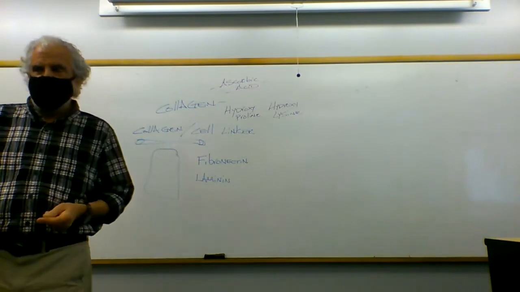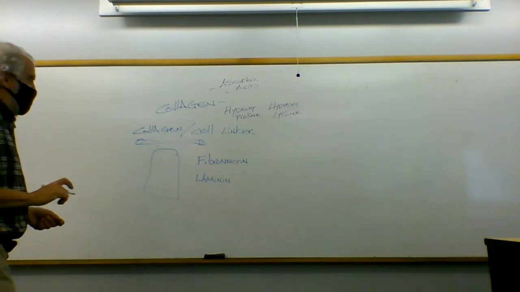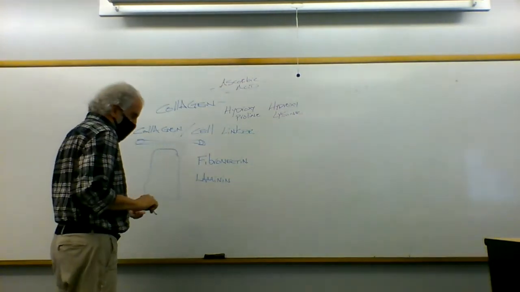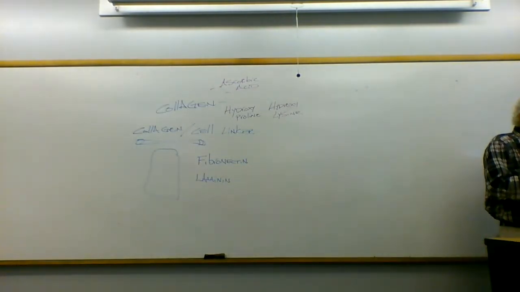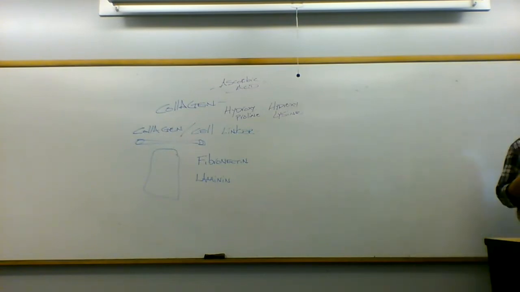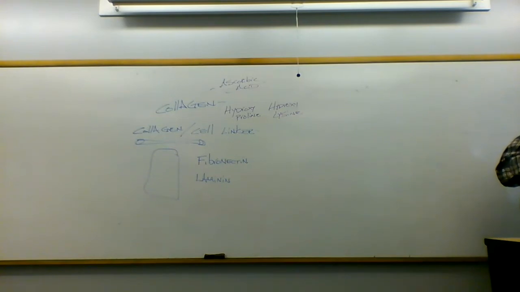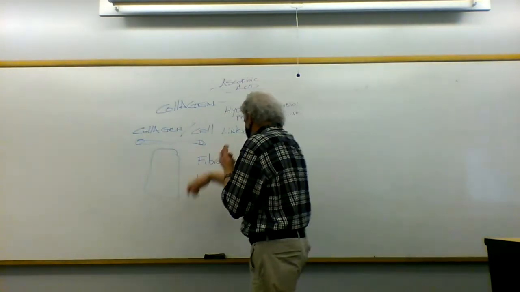Fibronectin and laminin are two major extracellular matrix proteins. What they're doing is linking collagen to the cell. And so fibronectin and laminin have the responsibility of serving as the anchoring point for the cell. And if we think about this from a mechanical standpoint, there are a couple of things we can look at. Fibronectin fits the model a little bit better, so we hit that one first.